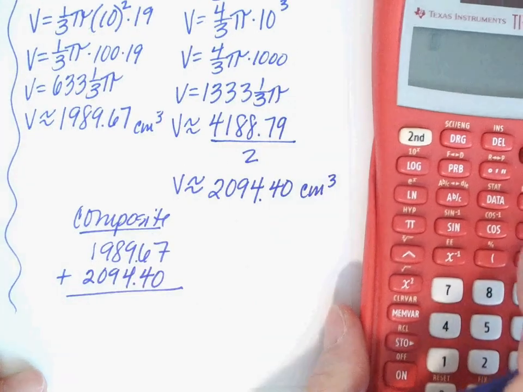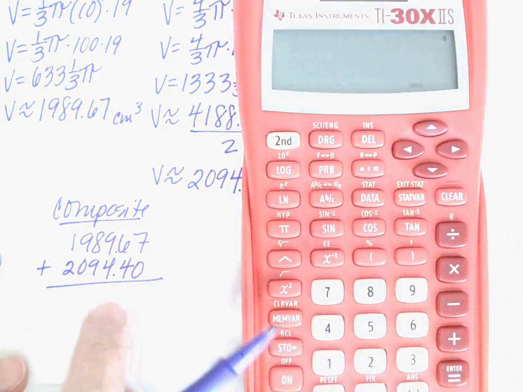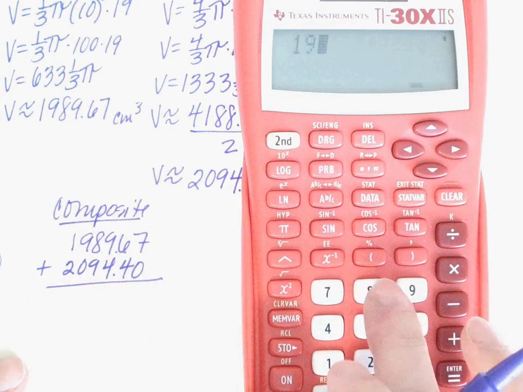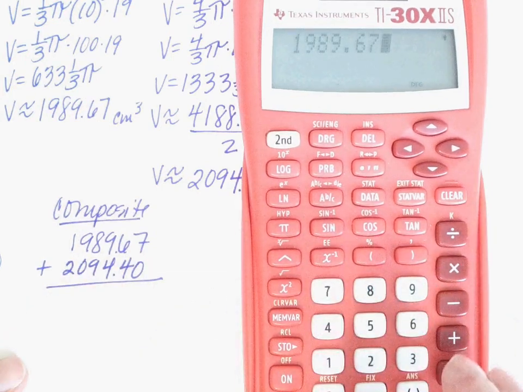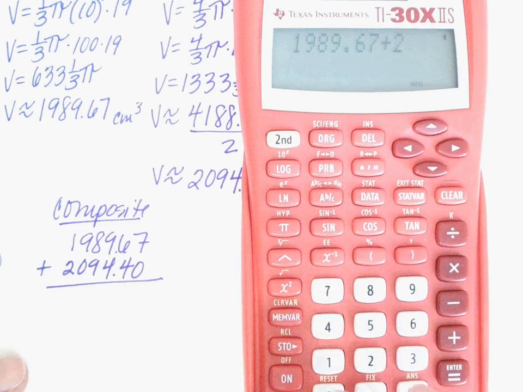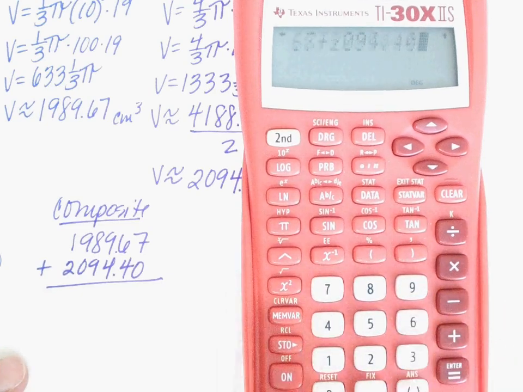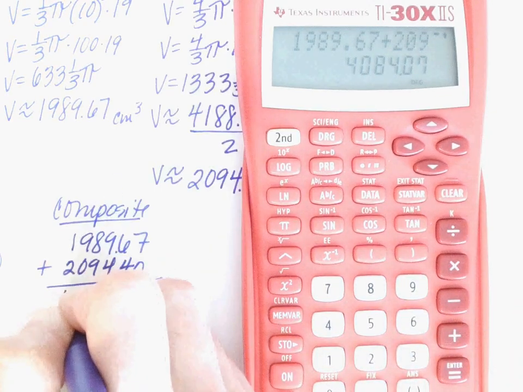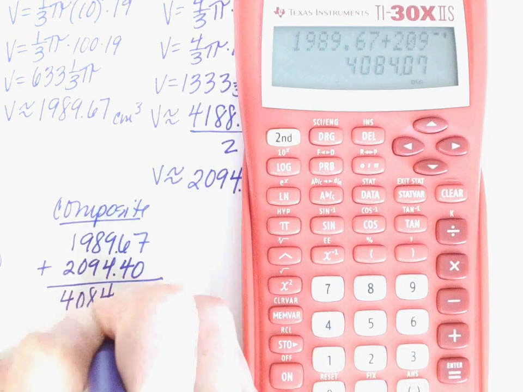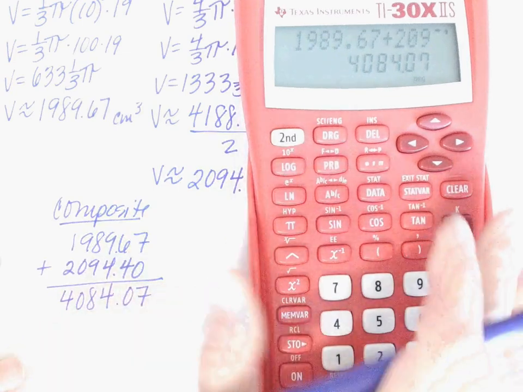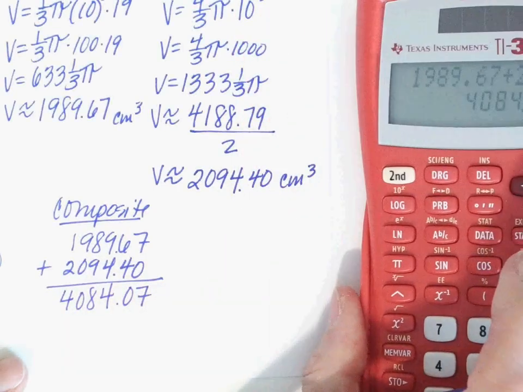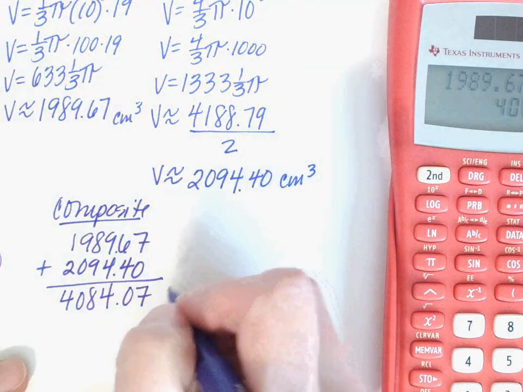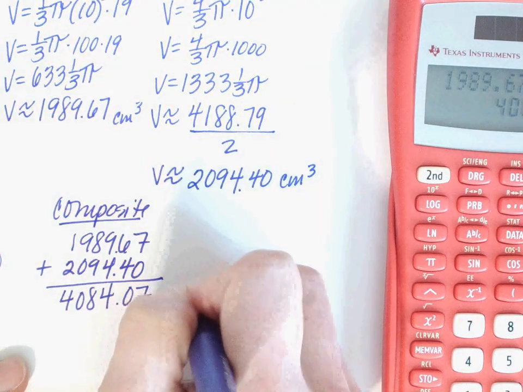In my calculator, what I'm going to do is clear out what I had, and I'm going to type in exactly what I see. So 1,989 and 67 hundredths plus 2,094 and 40 hundredths. And it looks like I have 4,084 and 7 hundredths, and centimeters cubed.